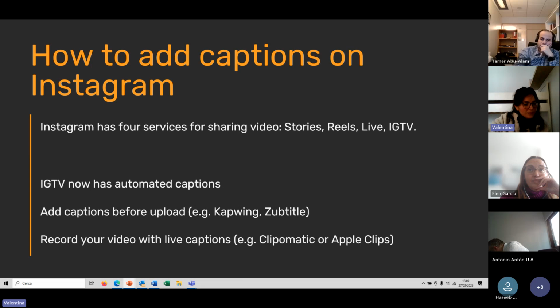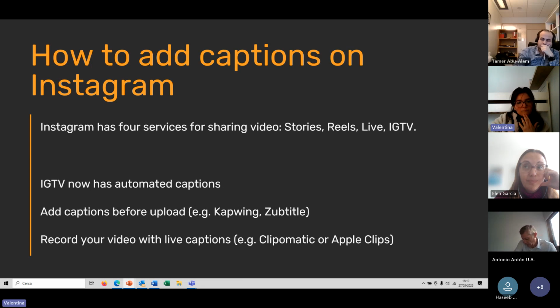I think we maybe don't have time for that, but you probably already know how to add captions on Instagram, which is one of the social media that is used a lot. It's more focused on image and visual.